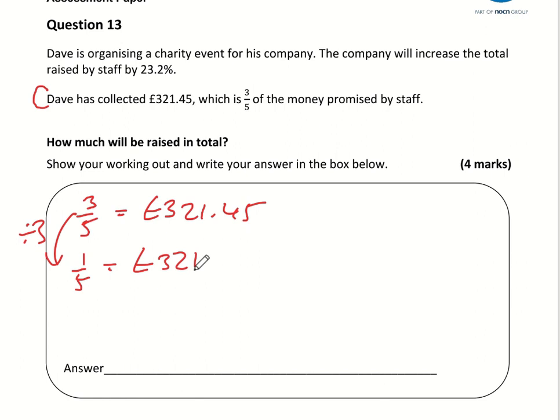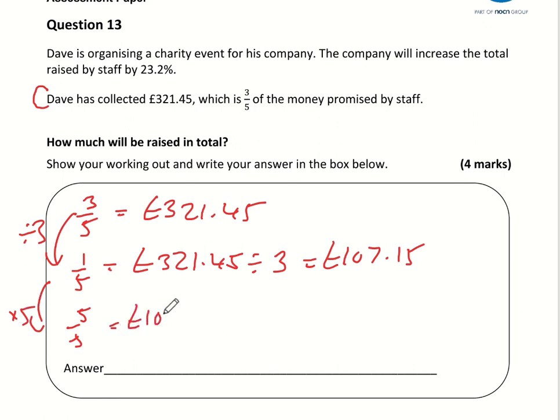So that's going to be 321.45 divided by 3, which is 107.15. So therefore 5/5, well, that is 5 times more. So that's going to be 107.15 times by 5, and that comes to £535.75.